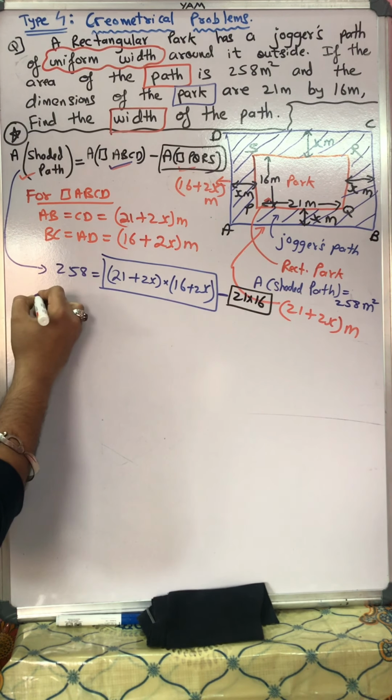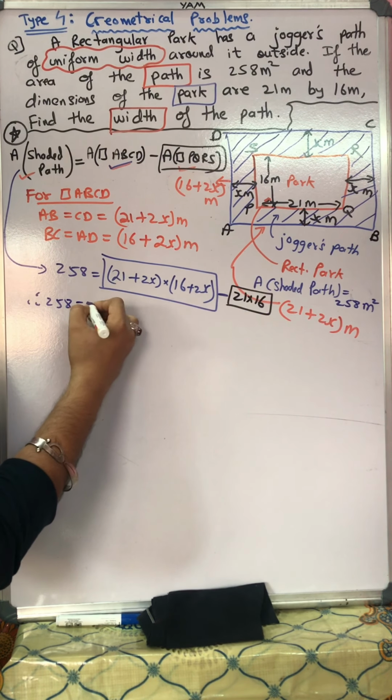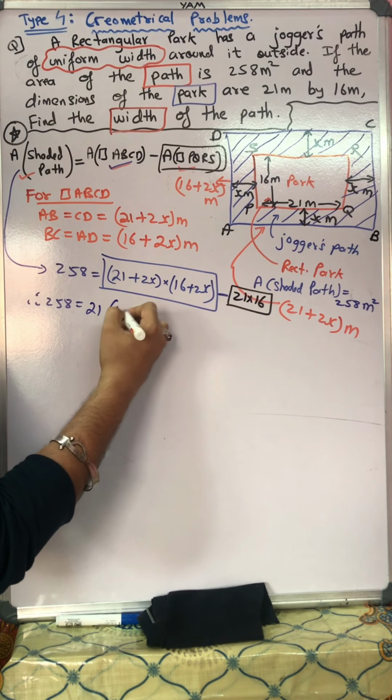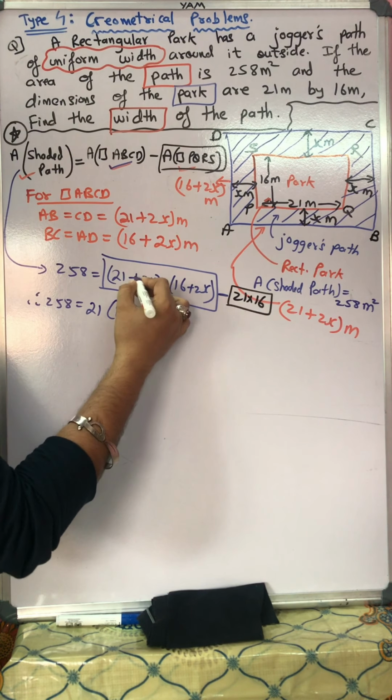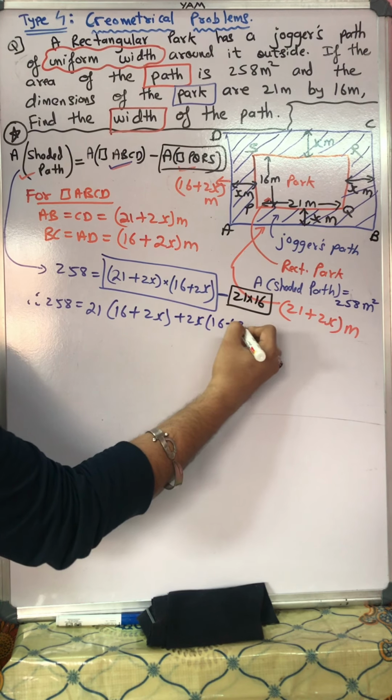Therefore, 258 is equal to, now I have to multiply these two brackets. So first I will write 21 times the bracket 16 plus 2x, then plus 2x times 16 plus 2x.